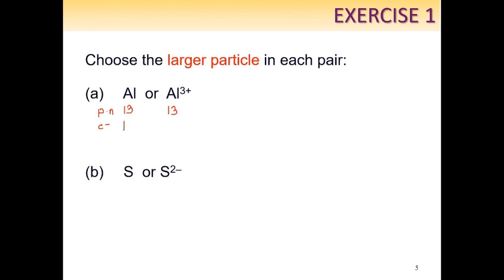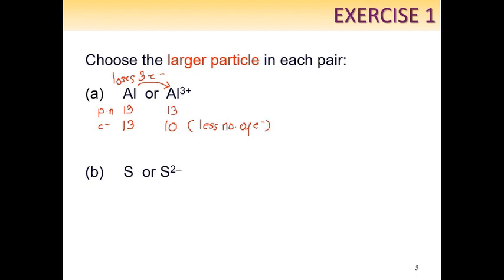For the formation of aluminium 3+, aluminium loses 3 of its valence electrons. Then the remaining electrons in aluminium 3+ is 10. So aluminium 3+ has fewer electrons compared to the aluminium atom, but the number of protons is still the same.